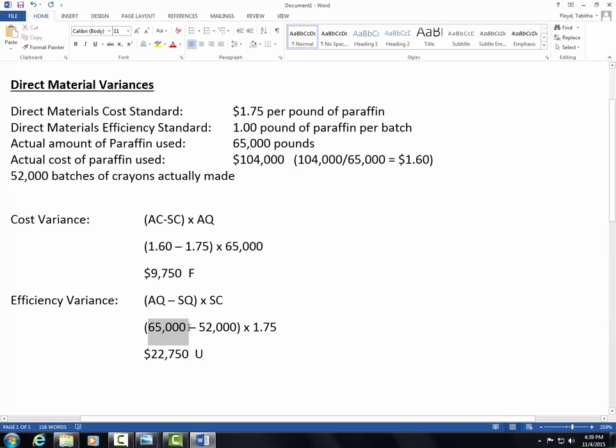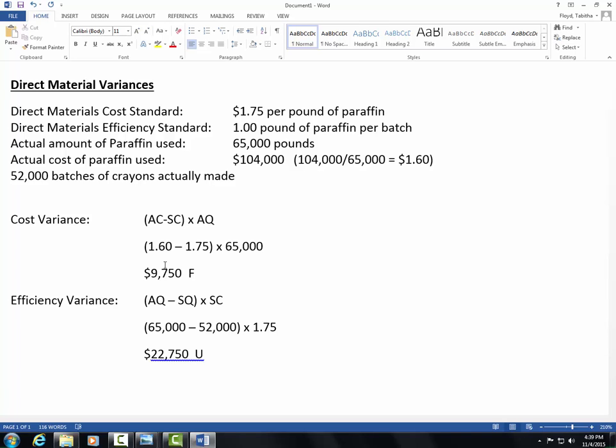We just used a lot more than we were supposed to use. And notice if you net these amounts out, if you take the $22,750 minus the $9,750, you'll get an overall $13,000 unfavorable variance, and that's what we were trying to explain. So we used 13,000 pounds more than we thought we should need to.